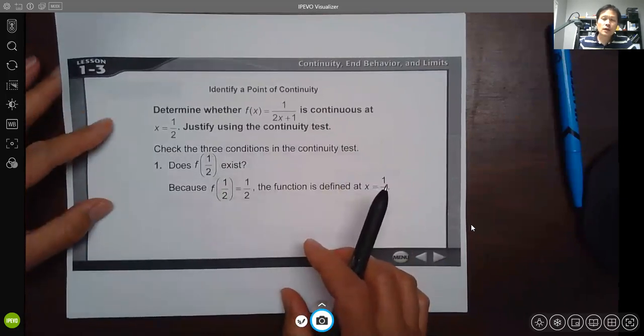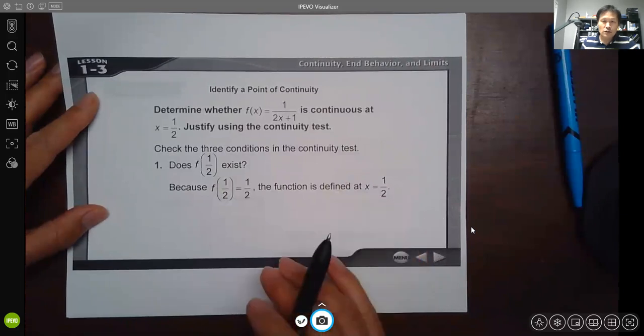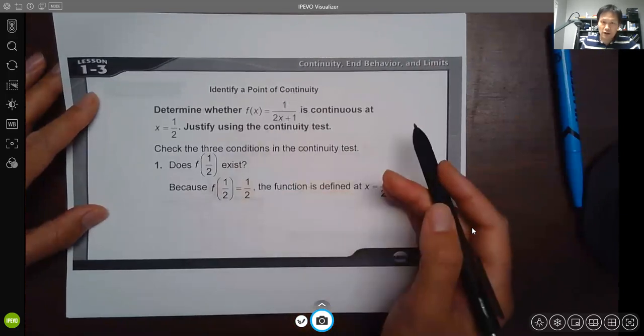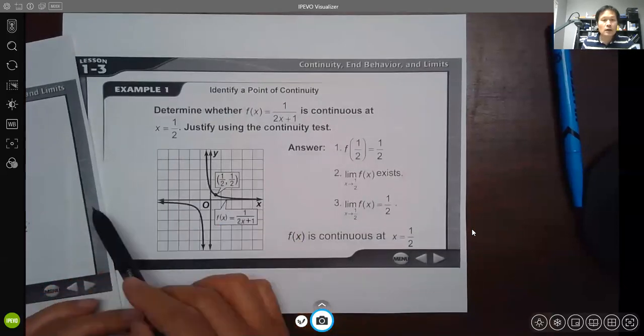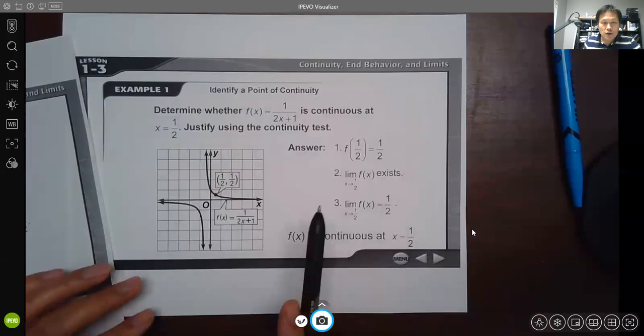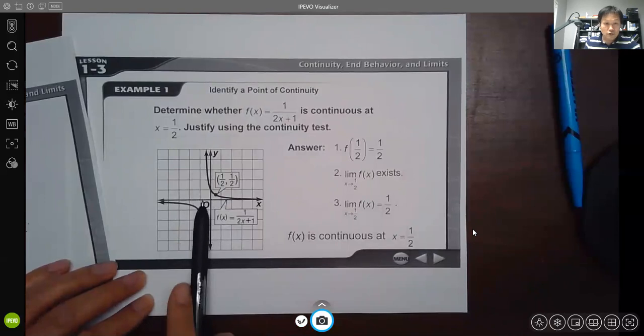If you have a graphing calculator available, you can just graph this. It looks like this. If the question was asking about x equal to minus 1 over 2, then your answer should be discontinuous.